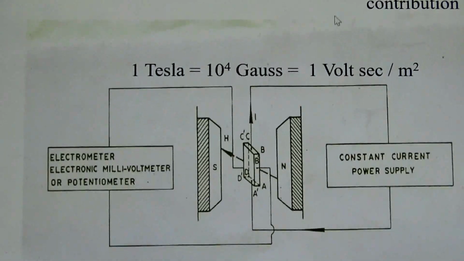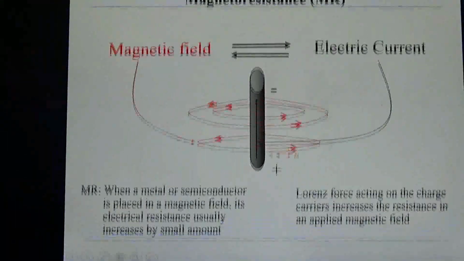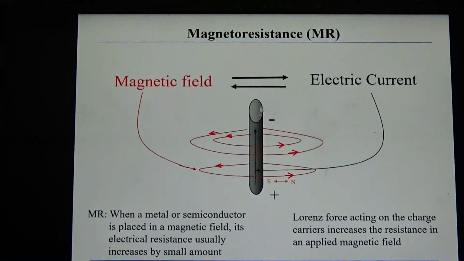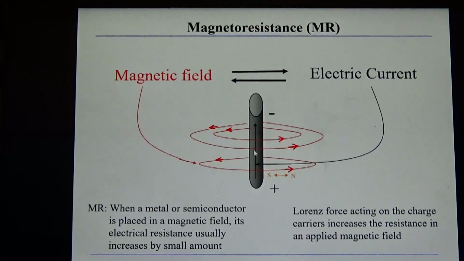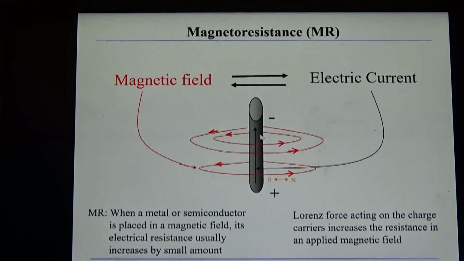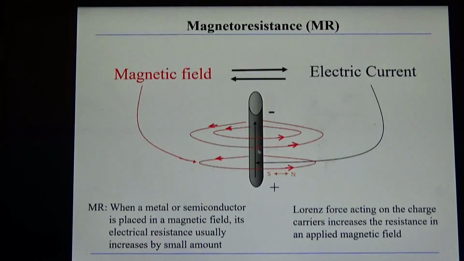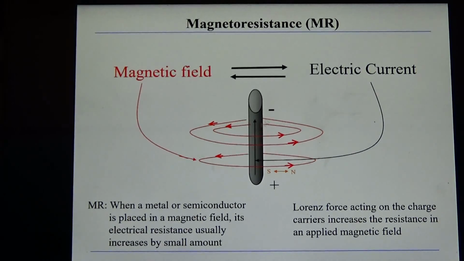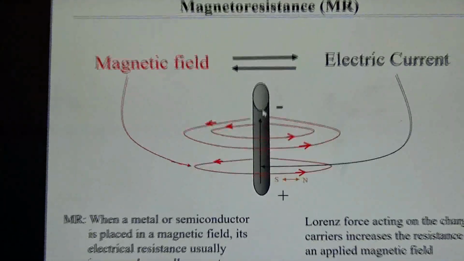But apart from that, when we are passing the charge carriers, electrons or holes, through the sample, and if you apply a magnetic field, these charge carriers will experience a Lorentz force. Because of that, they traverse a longer distance to reach the terminal.